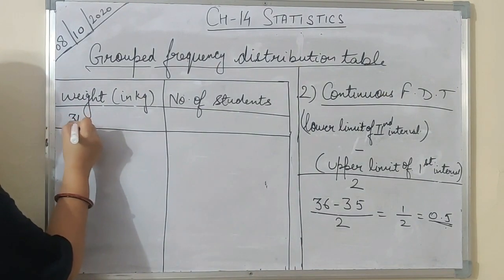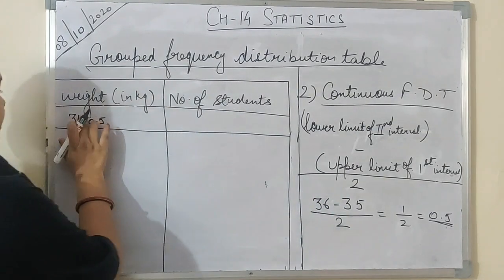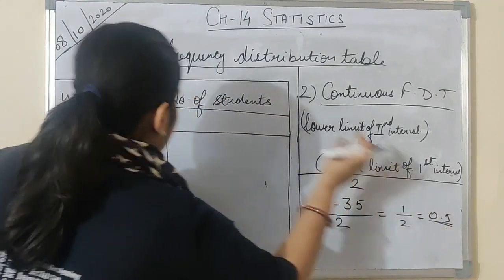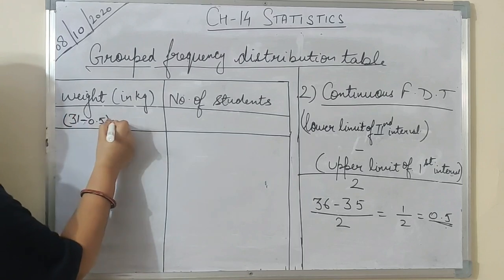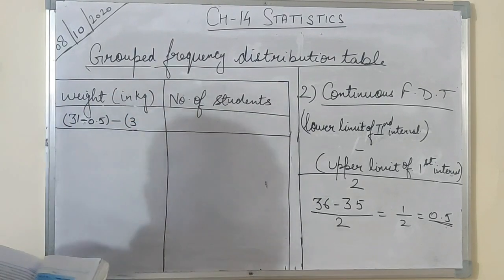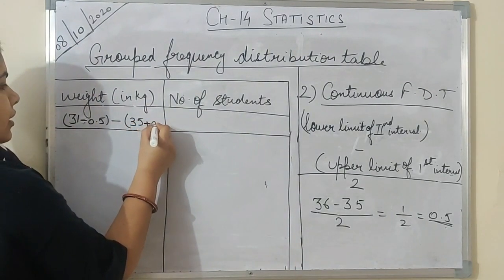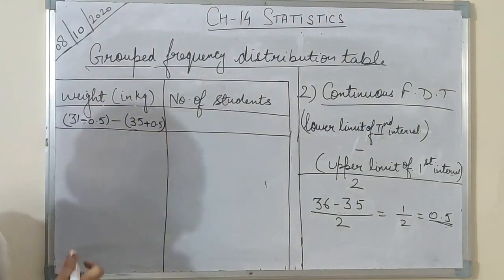What we will do, we will subtract this 0.5 from our lower limit. And then, as in non-continuous it was given 35, we will add this 0.5 in the upper limit.